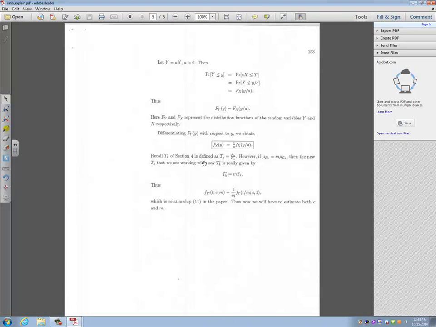However, if the means have a constant scaling, then the new TK that we will be working with, say TK prime, is really m times this ratio. And for that, the density function would have to be changed using this relationship. And that's going to be done in the paper. That's equation 11 in the paper. So in this case, you would have to estimate both m, the scaling factor, as well as the constant c.